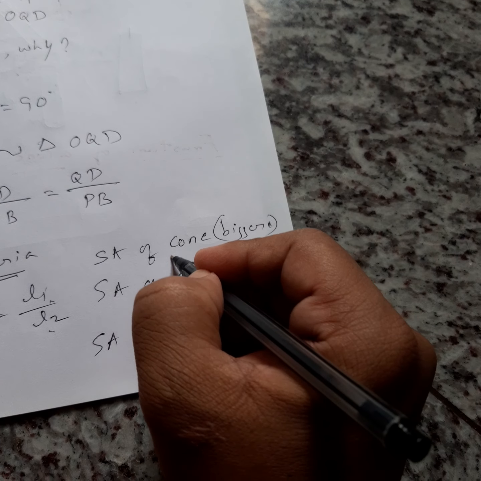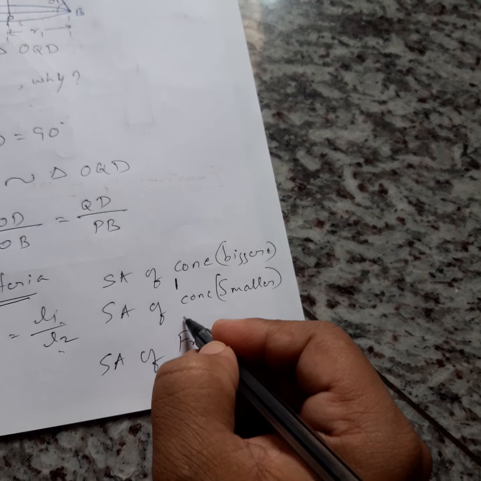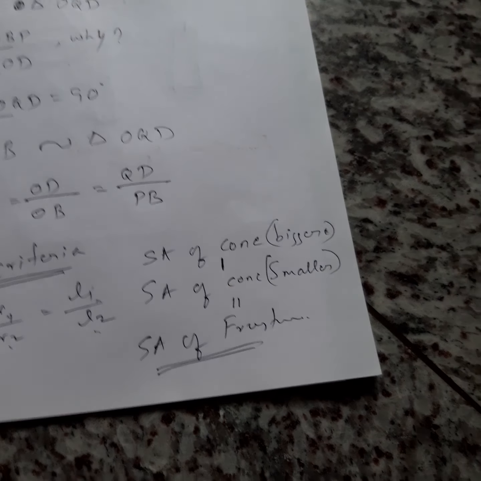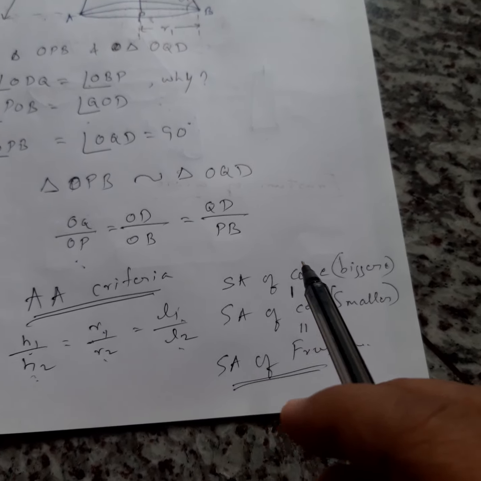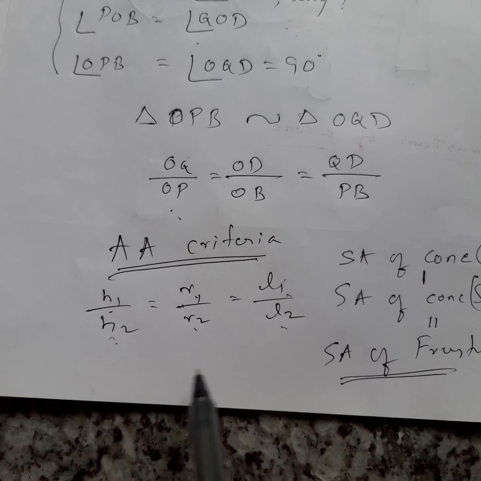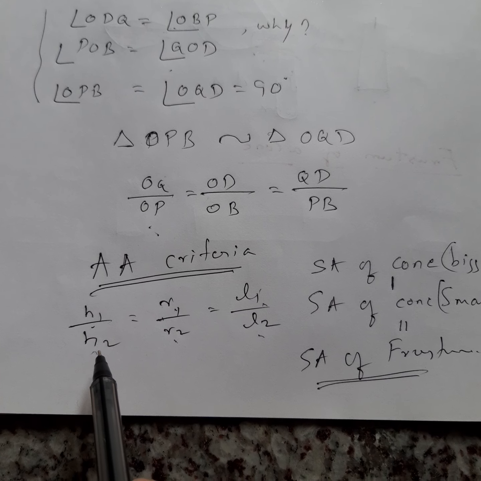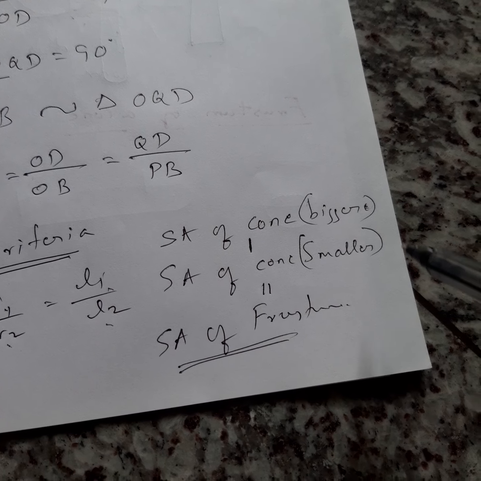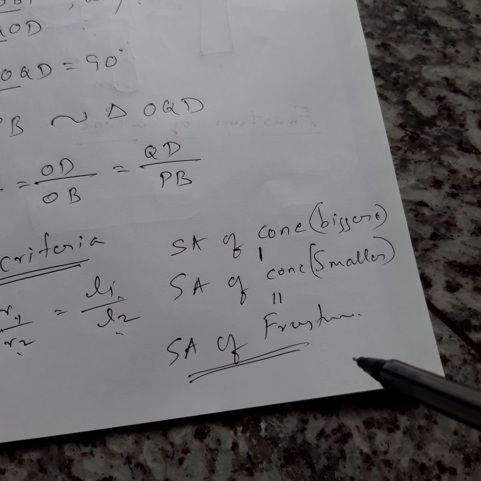Bigger cone minus smaller cone. How can I get the height, radius and length of the smaller cone? By using this AA criteria. So this is the theoretical part of the frustum.